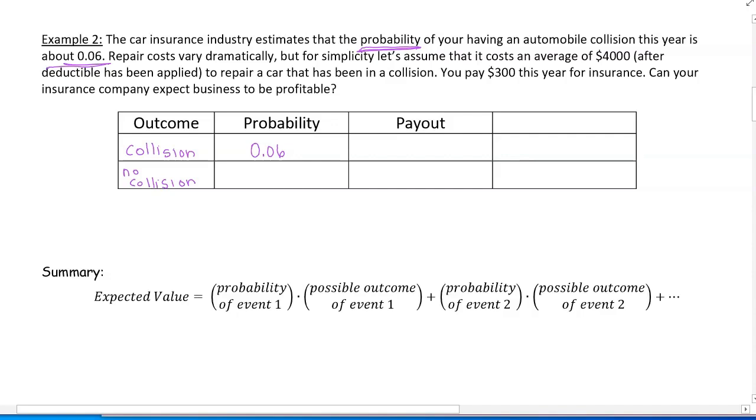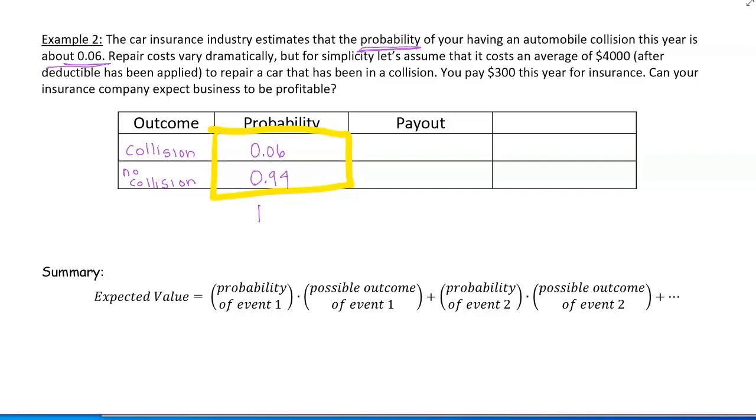Now this problem doesn't give us any other probabilities, but we know that this column needs to add up to 1. And using the complement rule, if I do 1 minus that 0.06, I will get 0.94 probability of not having an accident.